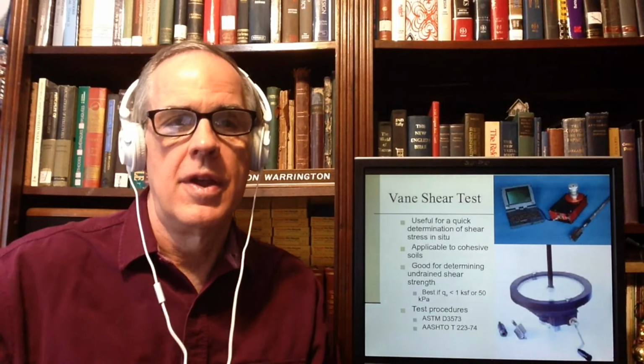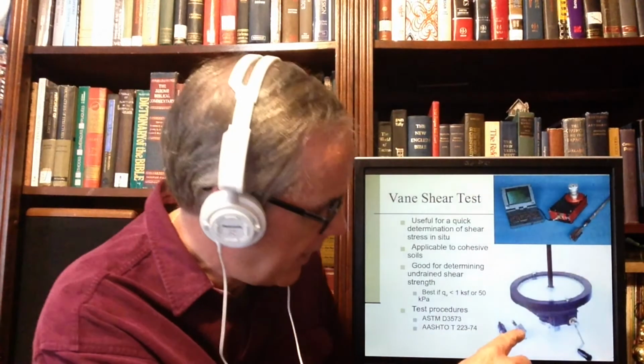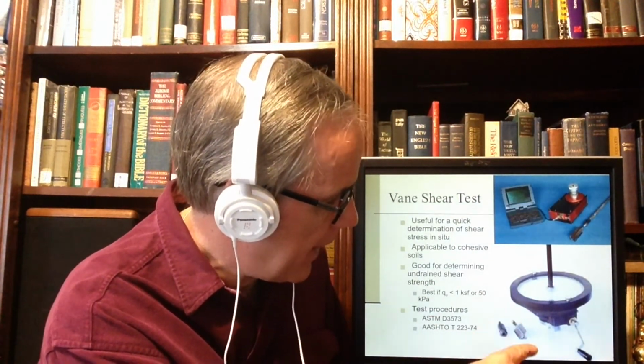The vane shear test, I mentioned this earlier, and I'm going to come back to it. Really, it's a very simple test. In the old days, you had the hand crank vane shear test. You would crank it and get a torque out of it. You take this, which looks like the back end of an arrow, stick it on a rod, and go down.